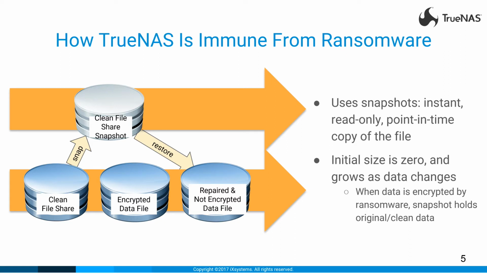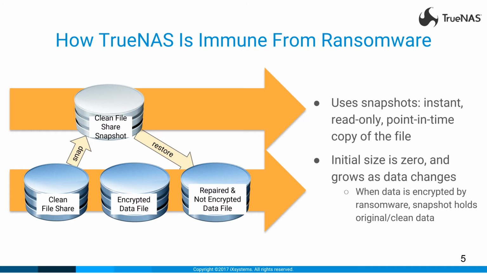The files are encrypted until the snapshots are restored and the data is put back on your system. So TrueNAS is definitely immune from ransomware, and having a second copy of your snapshots offline in the cloud somewhere makes it even better.